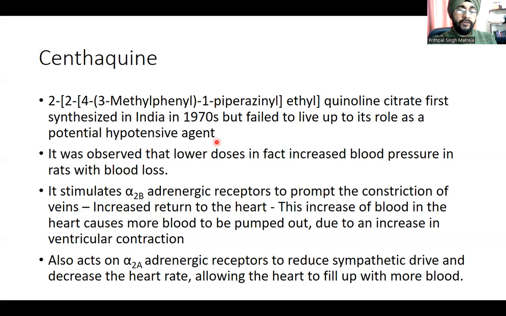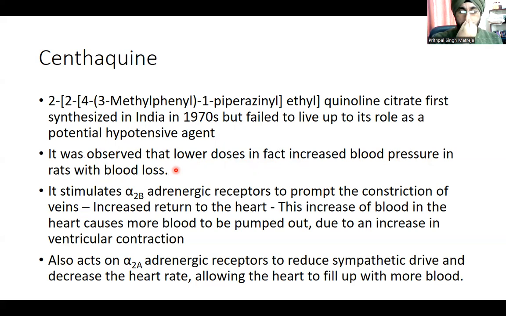In high doses, it was used as an antihypertensive, but it was found to have limited utility. It is like a rebirth of this drug, and it was observed that low doses increased blood pressure in rats with blood loss. In the hemorrhagic shock model of rats, this drug could increase the blood pressure.